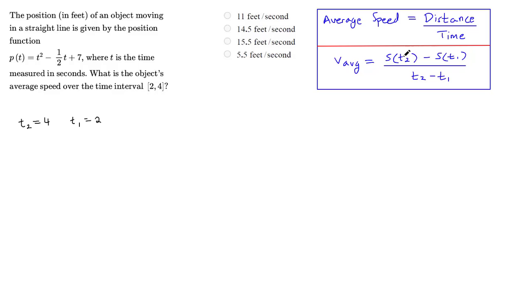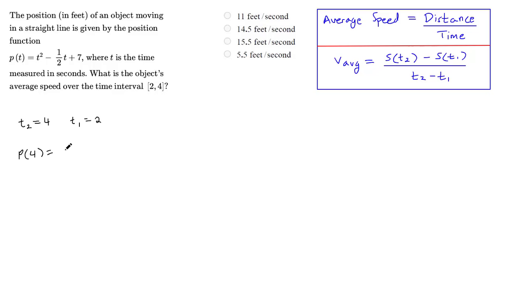Now, our position function here, the S, is going to be represented by P of t. So we want P at T2, and then we also want P at T1. So in other words, we want P at 4 and P at 2. All right, so let's go ahead and calculate P at 4.